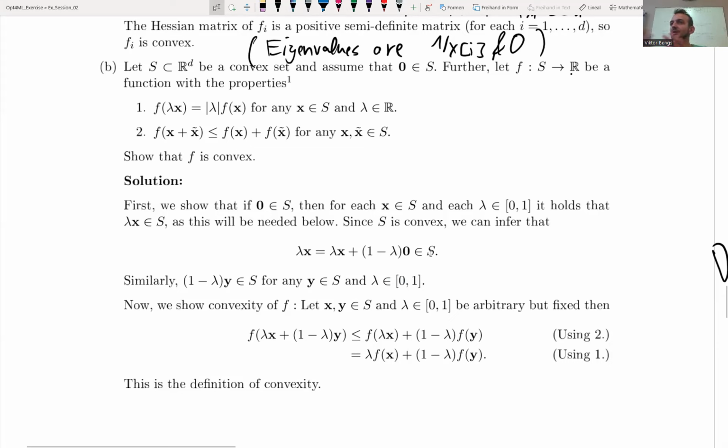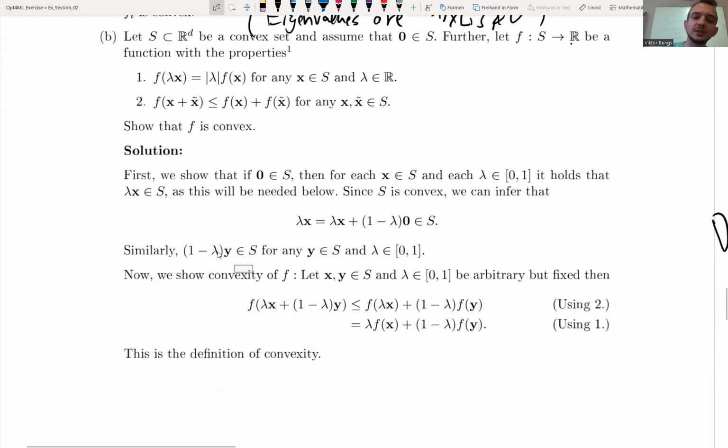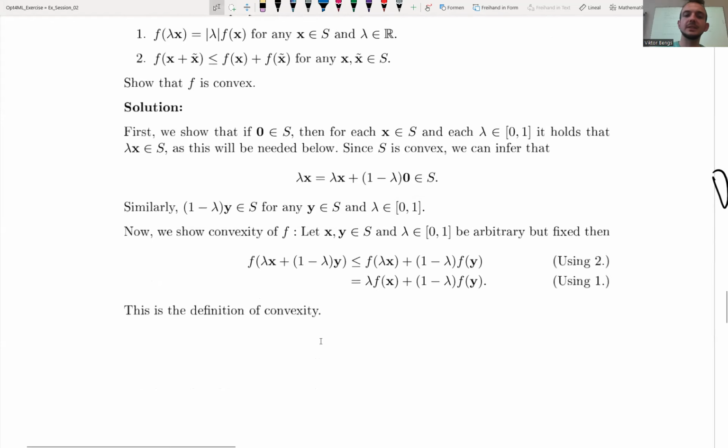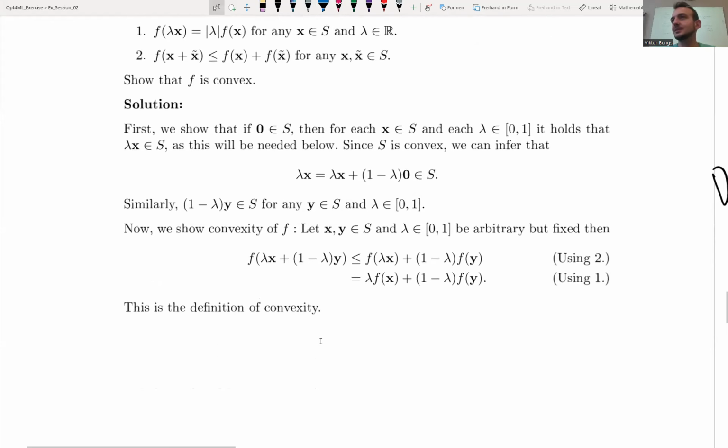So by convexity, the convex combination will still be in S, meaning that lambda of x is still in S. And we can do the same argument for 1 minus lambda of y, for some arbitrary y and an arbitrary lambda. And with this, it's very obvious why convexity holds. We can simply use the definition for convexity.